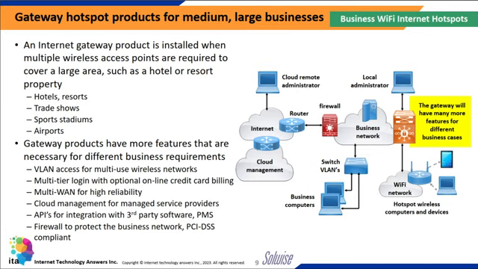So they need VLAN management, multi-tier login, maybe with credit card billing, multi-WAN to improve reliability, cloud management for managed service providers, APIs to integrate with third-party software vendors, and of course the firewall in order to be compliant with requirements such as PCI DSS, the Payment Card Industry Data Security Standard.